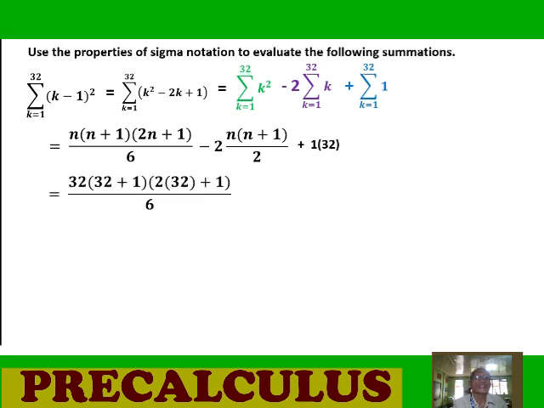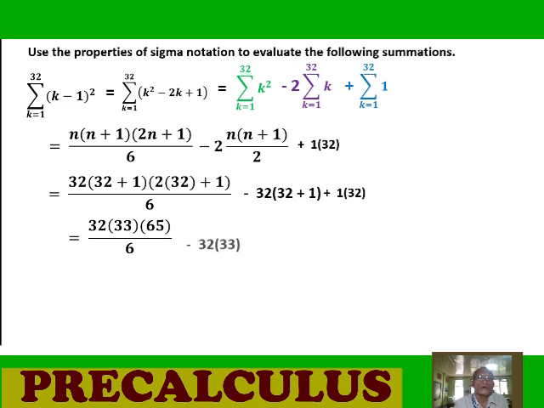Simplify. Substitute n equal to 32 and simplify again further until we eliminate the fraction. 32 times 33 plus 32, and the result is 10,416.